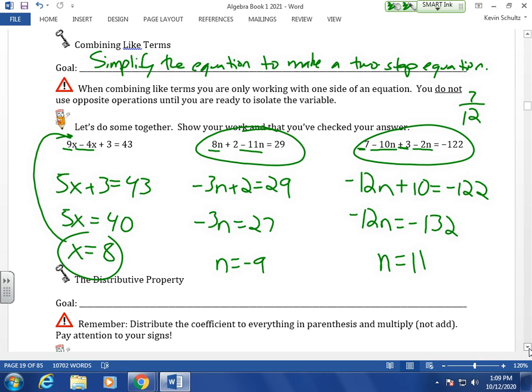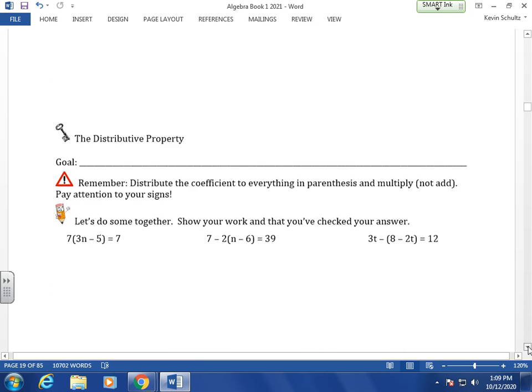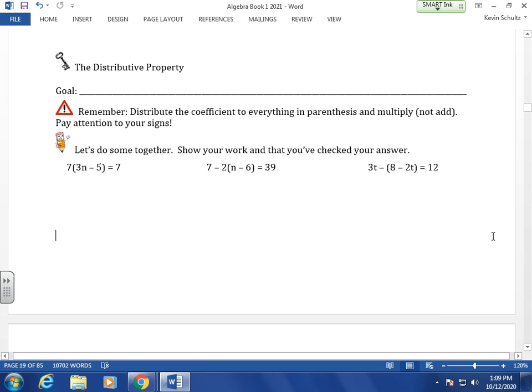Okay. The second type we're going to talk about today is the distributive property. And you'll know you're dealing with it when you see these parentheses, right? I'm going to preface this by saying there are other ways to get rid of parentheses other than the distributive property.